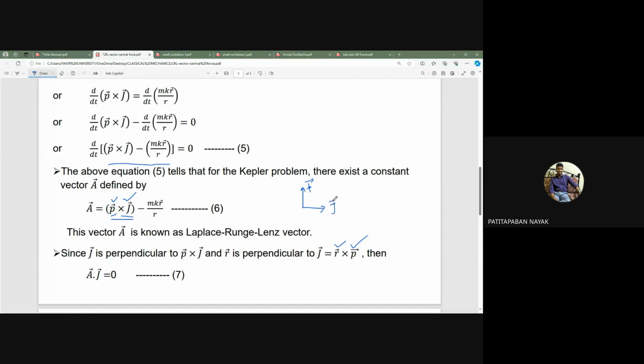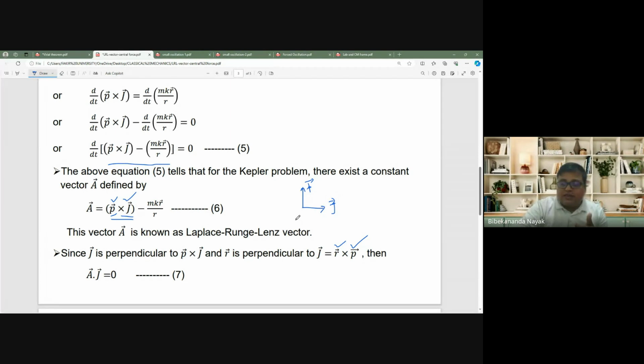A is perpendicular to both P and J. If you take the axes, it is X, Y, and so this will be Z. So A dot J is equal to 0.